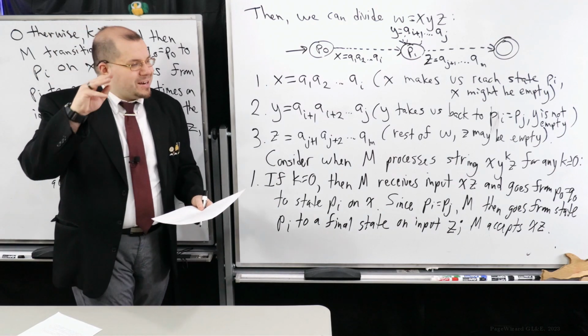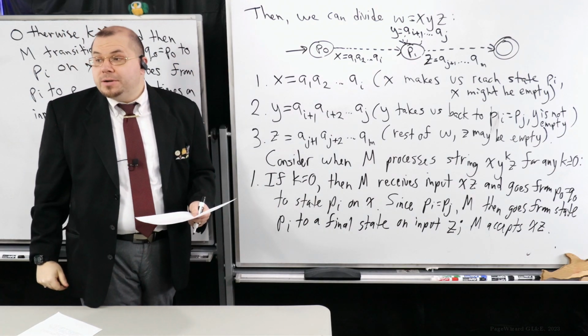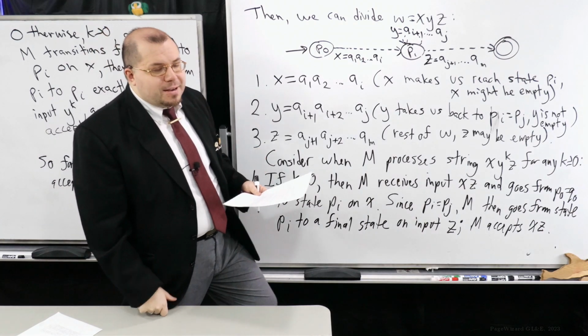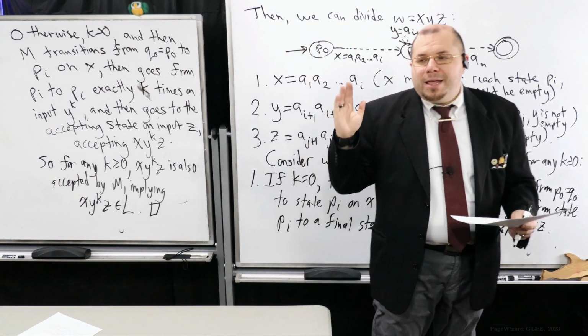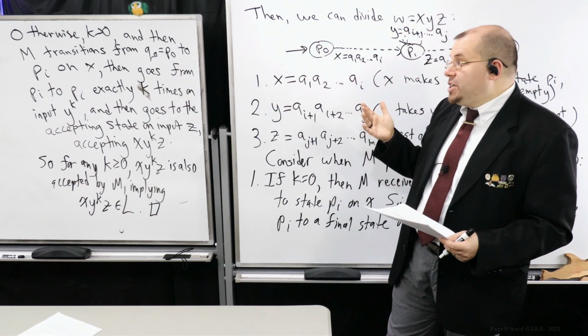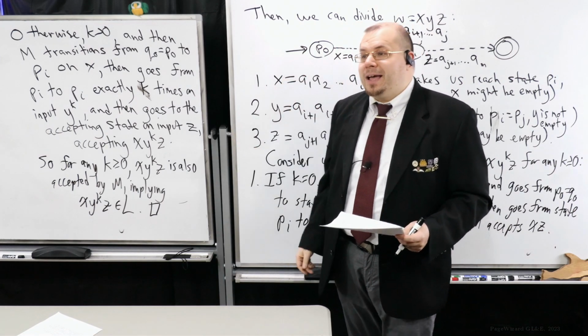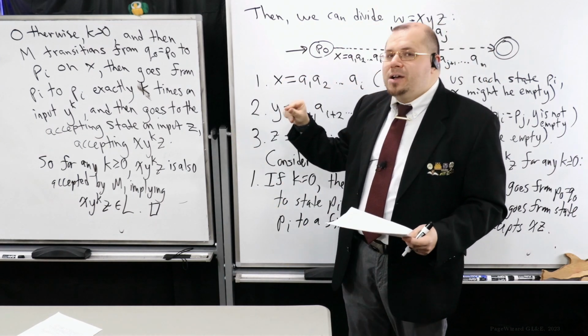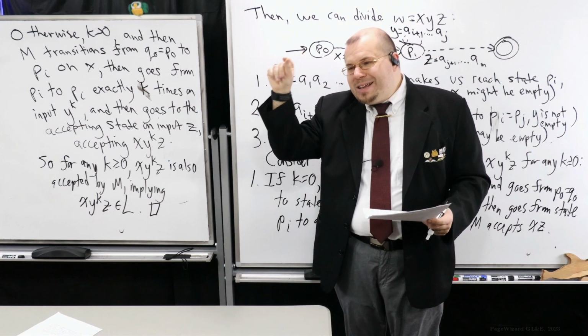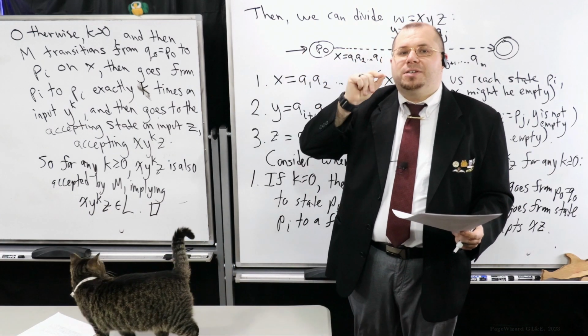So remember, we satisfied the 3 properties for how we can dissect w. So it's x, y, and z. And remember, the point here is that w has at least the pumping length, which in our proof is the number of states of the DFA. The whole trick here was that we gave labels to the states which w would execute.